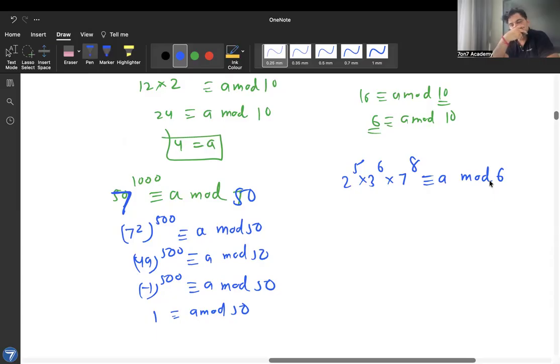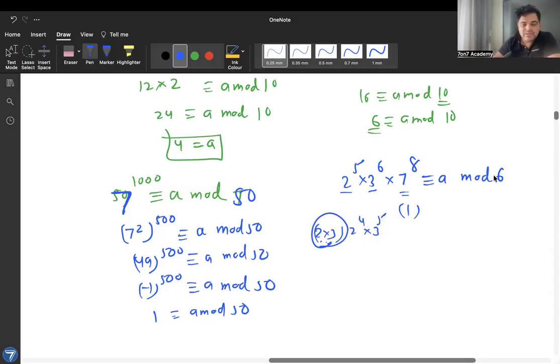So this is 0 anyway, because 2 into 3 you'll get 6. Then 2 raised to 4 and 3 raised to 5. So if you get 6 in the multiplication, then the remainder is going to be 0 anyway.